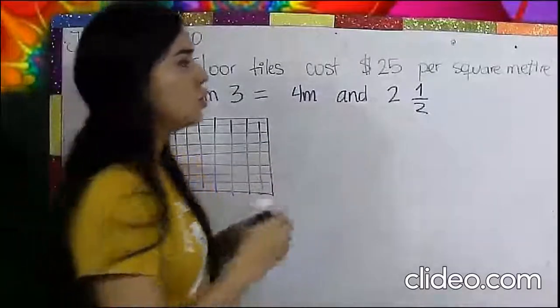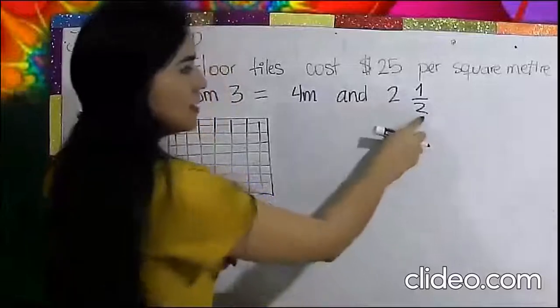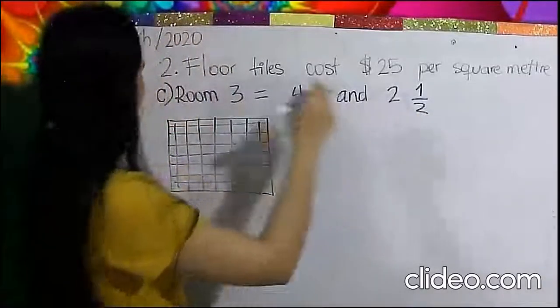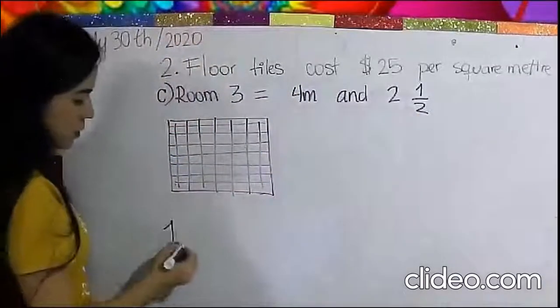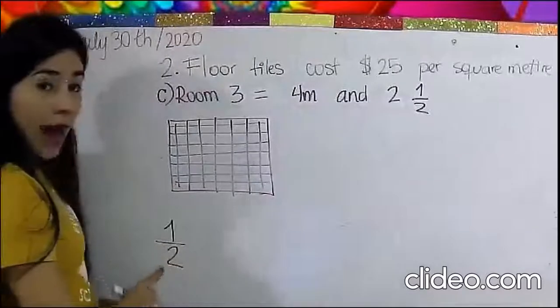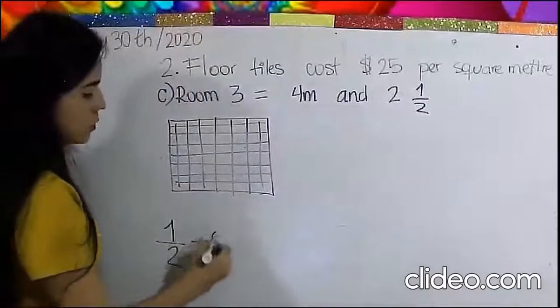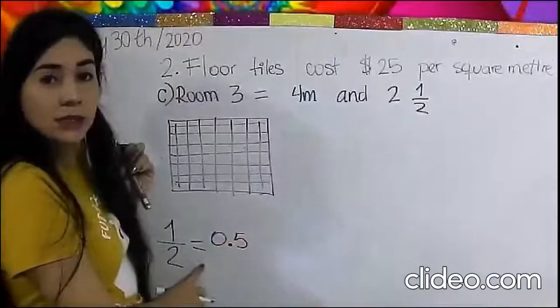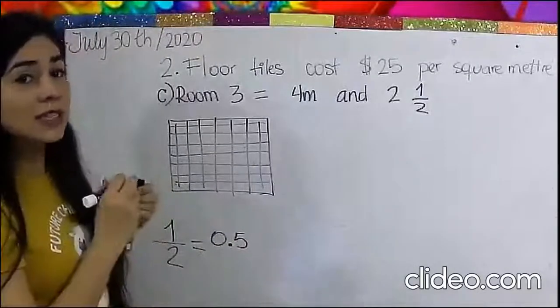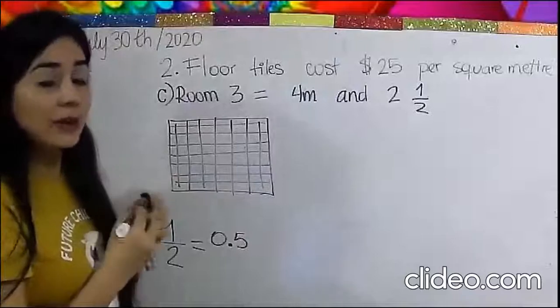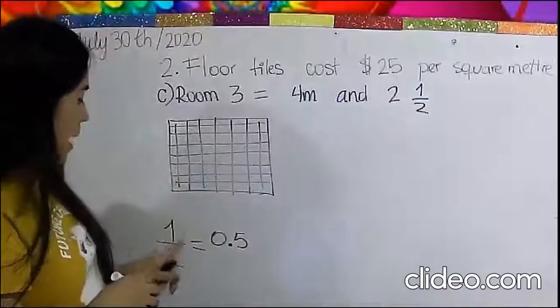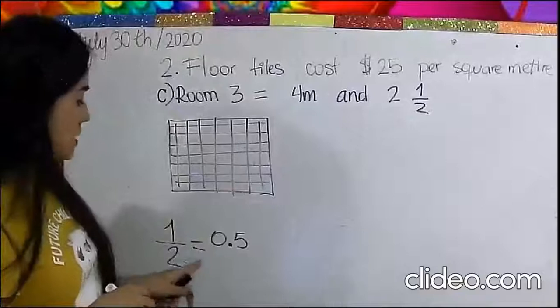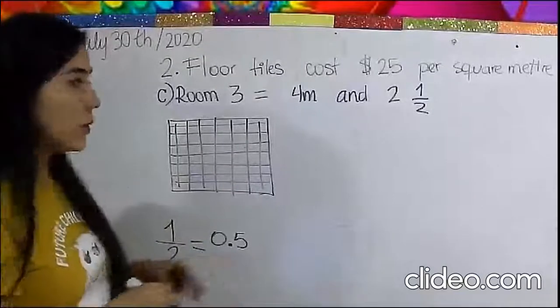And how do you represent this in decimal? 1/2 is equal to 0.5. Do you remember this? Maybe with the last teachers you saw, but I'm reminding you. 1/2 is equal to 0.5, okay?